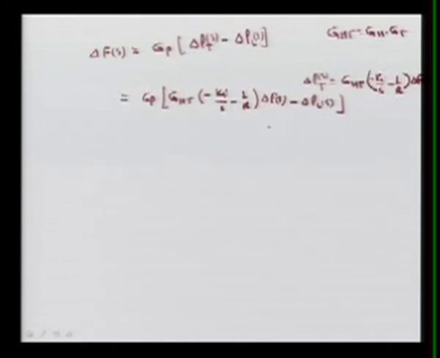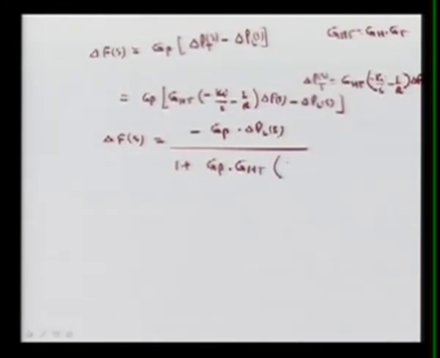Now we can simplify this. The change in F goes to that side. So ΔFs is minus GP into ΔPLs divided by 1 plus GP into GHT multiplied by Ki upon s plus 1 upon R, because the minus sign moved to the other side and so it is added.